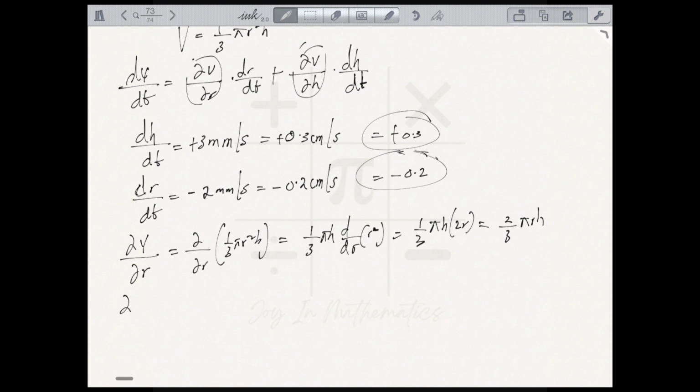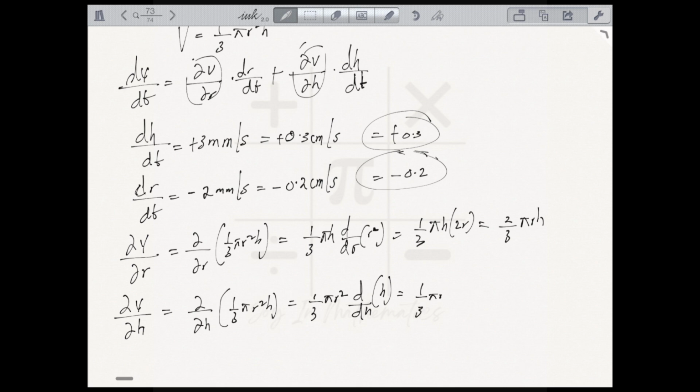And likewise, when we differentiate partially with respect to h, we have 1 over 3 pi r squared h. Now, for this, our r is a constant, and we differentiate h with respect to h, and I'll be left with 1 over 3 pi r squared.